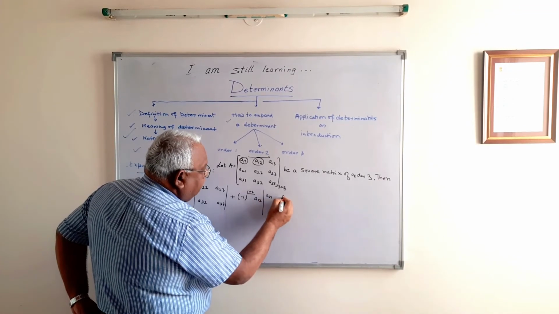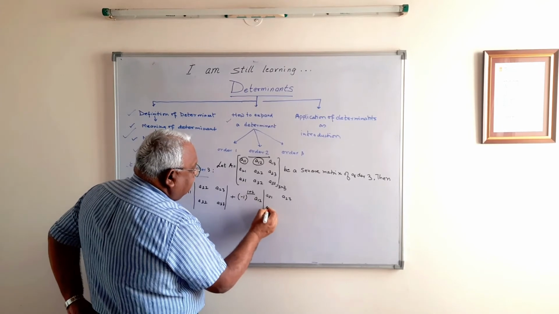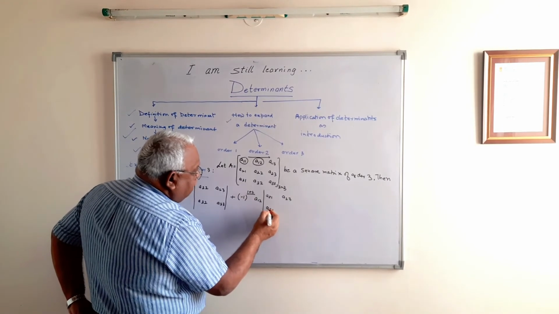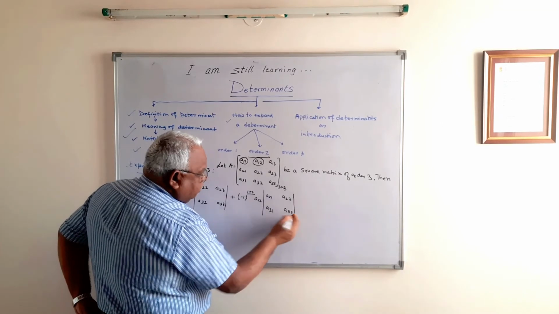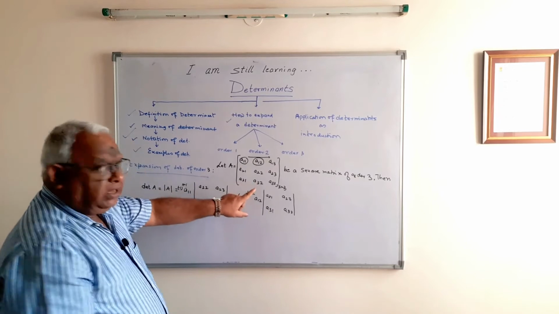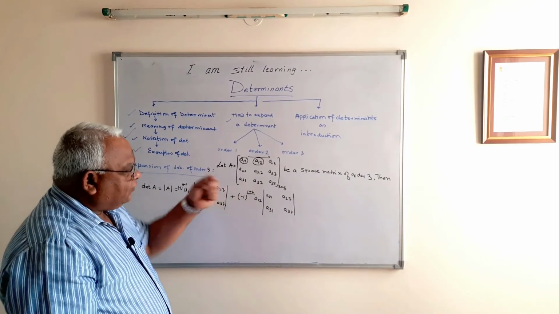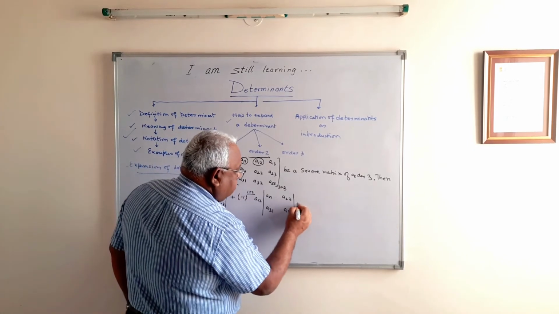You have to be very careful in the beginning. Once you understand, then you can move fast. That is why I am teaching you very slowly so that you understand it properly. If you commit a single mistake, the whole answer will be wrong.